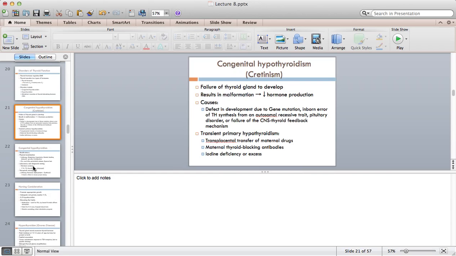Something like maternal transfer of drugs, like lithium, can lead to hypothyroidism, or even when the mom is taking thyroid hormone, or there is an antibody blocking it. Deficiency of iodine, a nutritional deficiency that is common in some geographical areas, can also affect the developing fetus.